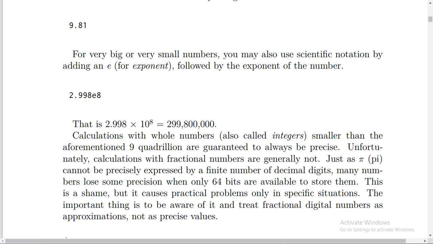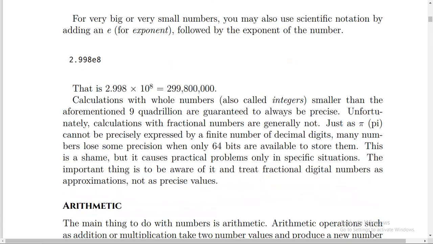Many numbers lose some precision when only 64 bits are available to store them. This is a shame, but it causes practical problems only in specific situations. The important thing is to be aware of it and to treat fractional digital numbers as approximations, not as precise values.